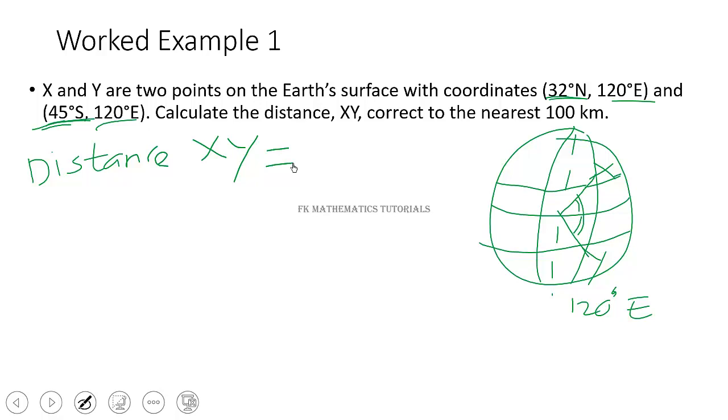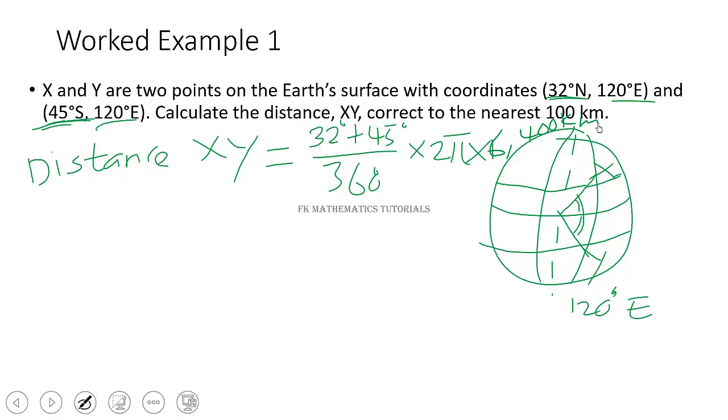Theta is the angular distance, which is 32 degrees plus 45 degrees. The r here is the radius of the Earth, which is big R, and that is 6,400 kilometers.